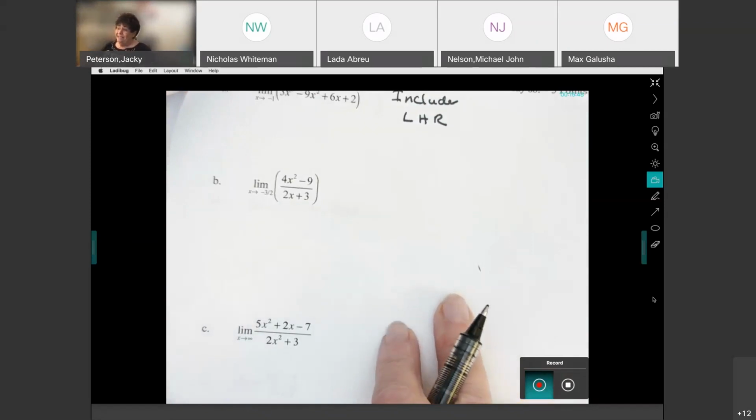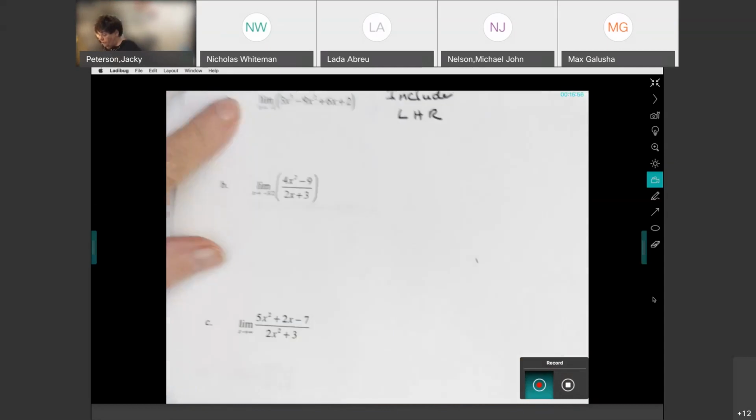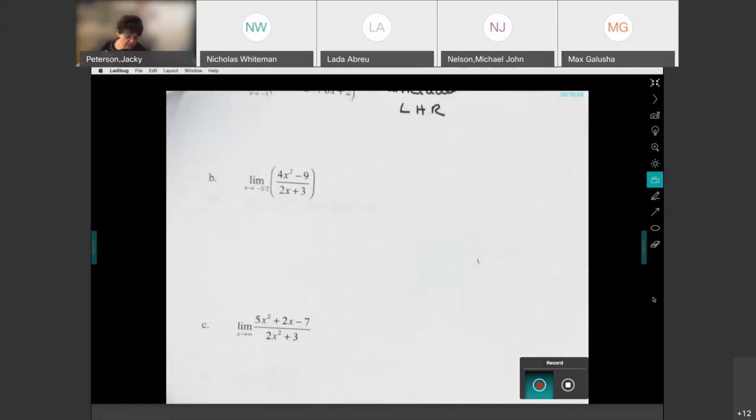Things involving e, you're not going to have a choice. You have to use L'Hopital's rule. So all 4 of these, and there are how many limits? There are 4 limits. There are 4 on your test, but they also include the exponential functions and log functions, exponentials and logs.